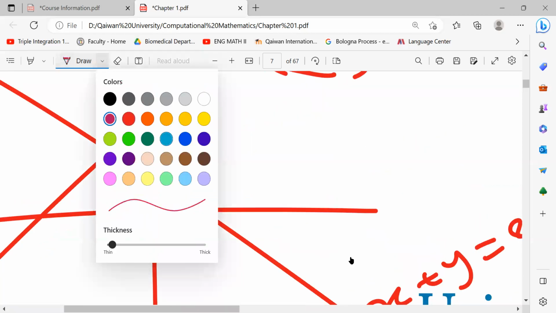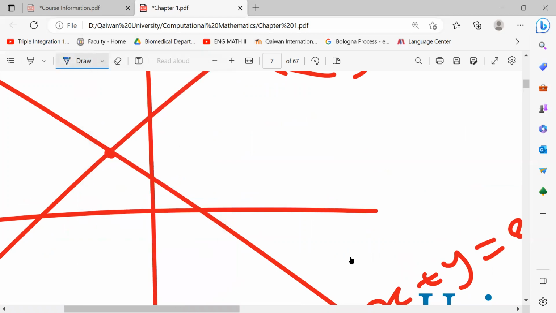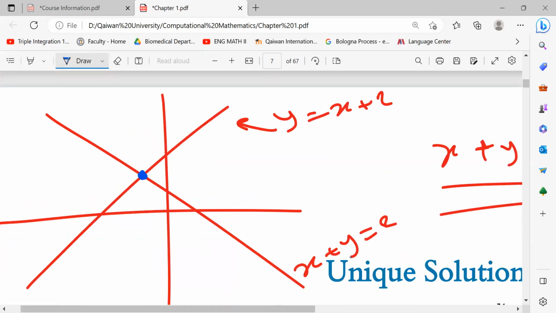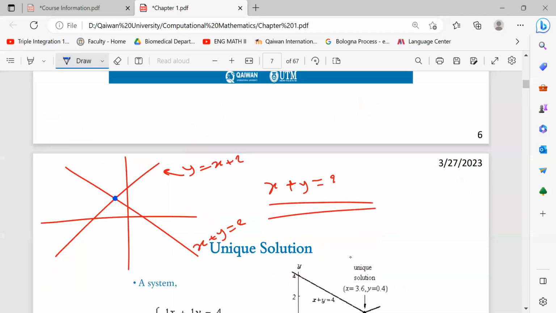These two lines have a common point at only this one. At only that point, these two lines intersect each other. So this point is the solution for the system.